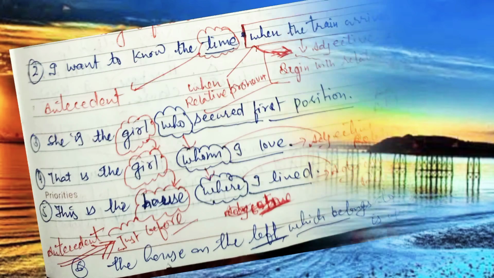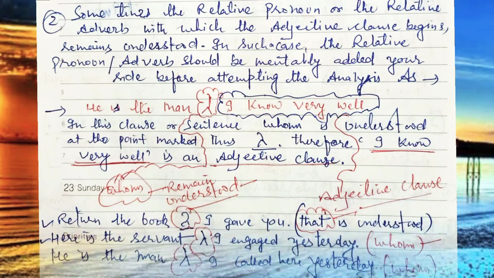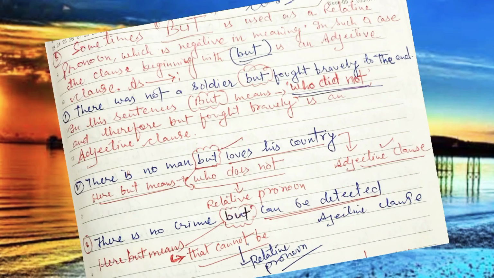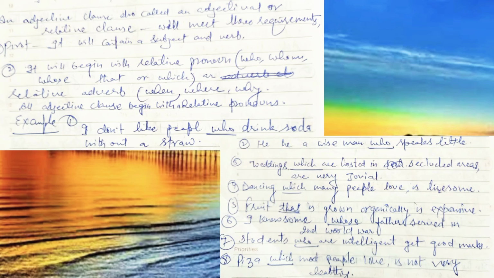I hope you understood, dear student, how to use and how to make an adjective clause. Let's move on to know how we can make a complex sentence by using an adjective clause.